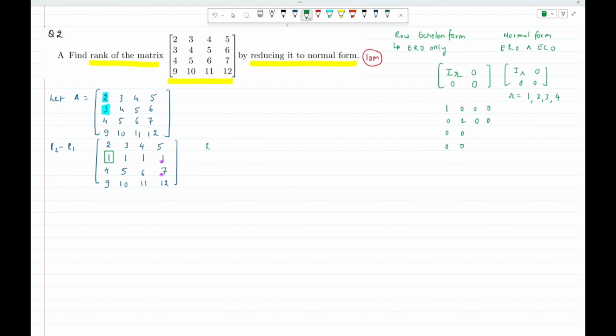Next we'll be performing R1 exchanged with R2. So this is going to give us 1 moved up, the second row coming down, and the other 2 rows as it is.